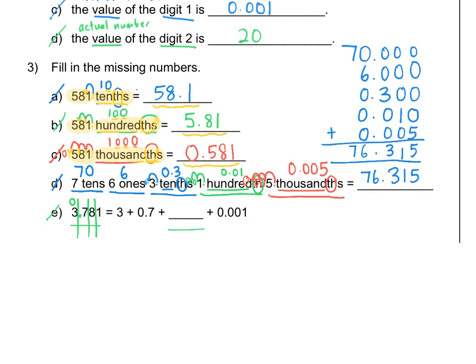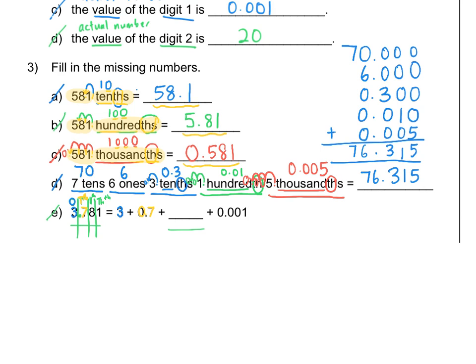Behind the decimal point, the place value is tenths, followed by hundredths, and finally thousandths. So now we do a comparison. On the right side of the equation is 3 whole, 3 ones, which matches with this 3 ones. Moving on, I have a 0.7, which is actually 7/10. Okay, matched.